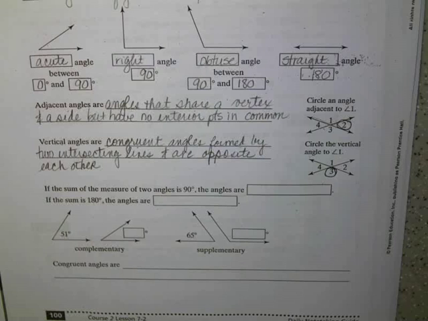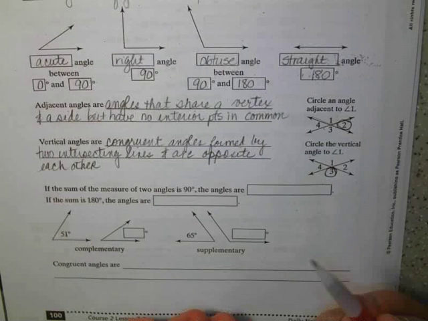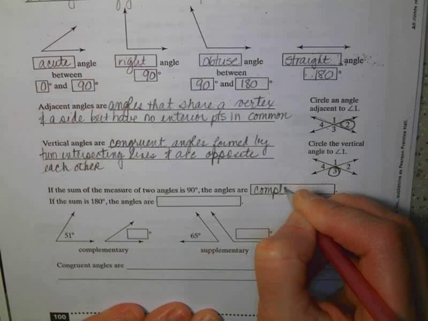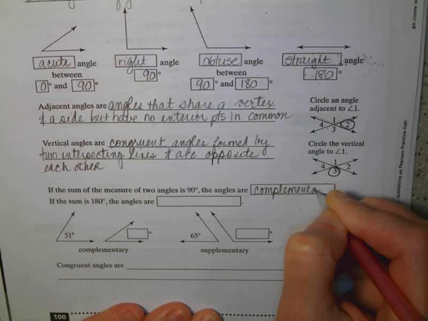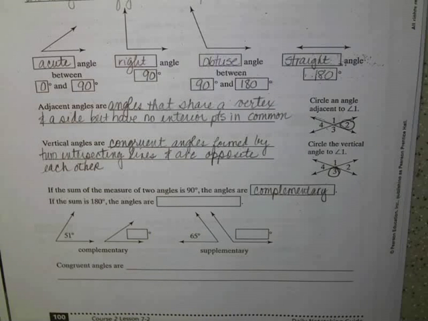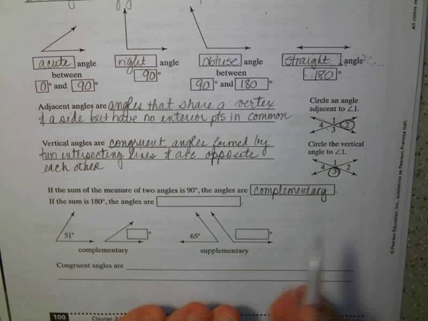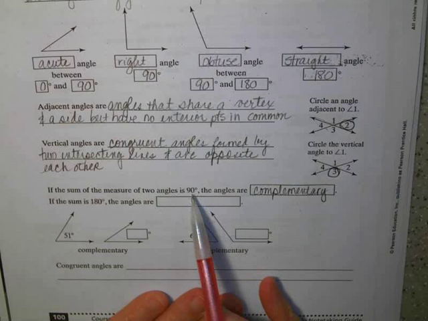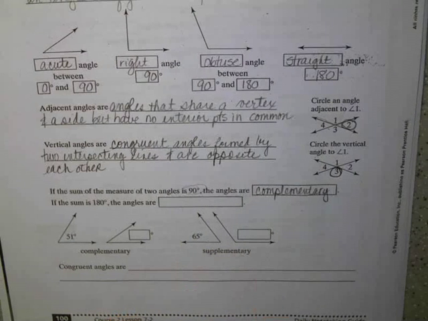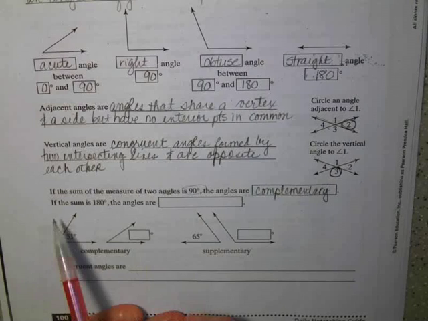Okay? All right. If the sum of the measures of two angles is 90 degrees, the angles are complementary. Now, somebody just told me this little trick. It's right to give a compliment to someone. So complement goes with complementary, which means 90 degrees.